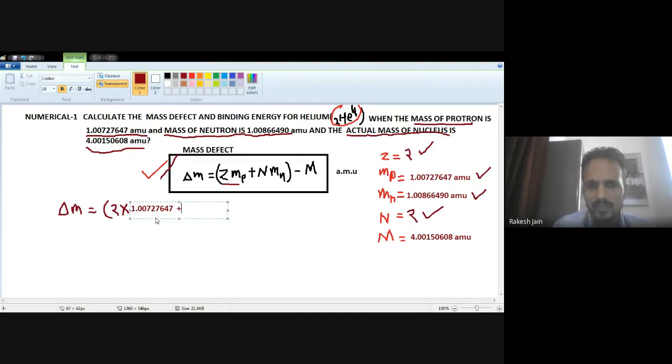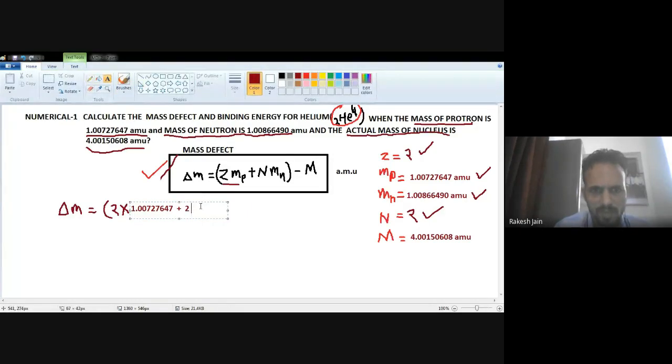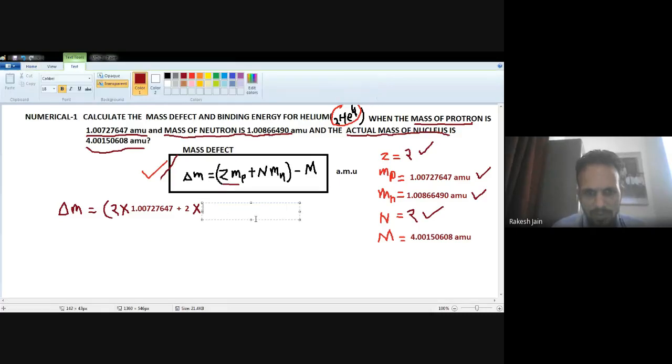And plus it will be added with N times Mn. So what is N? N is 2. That 2 will be multiplied again by Mn. What is your Mn? Mn is given as 1.00866490.